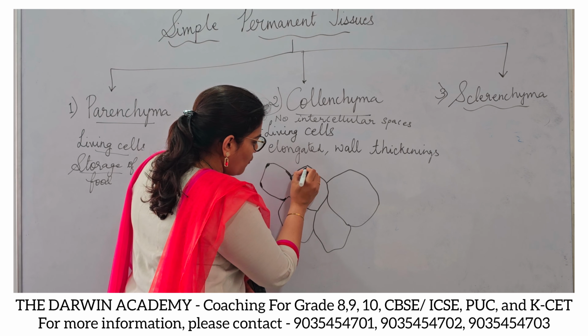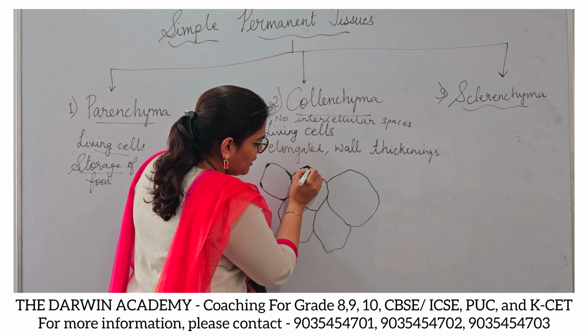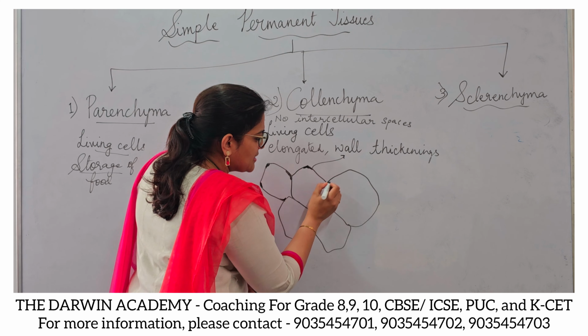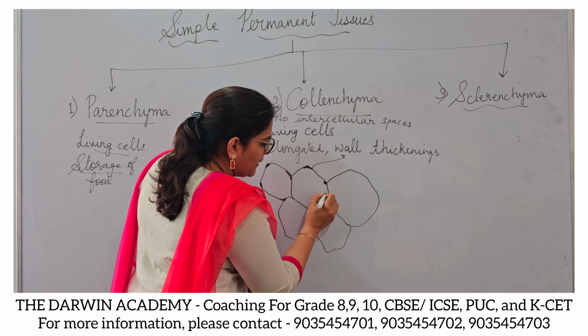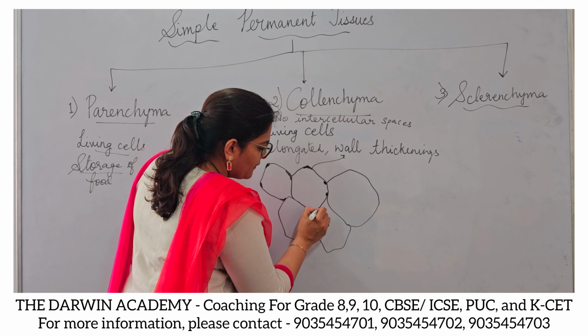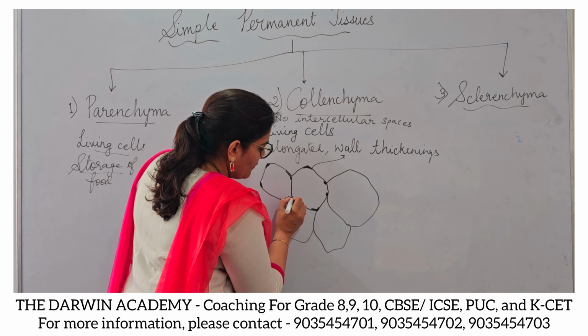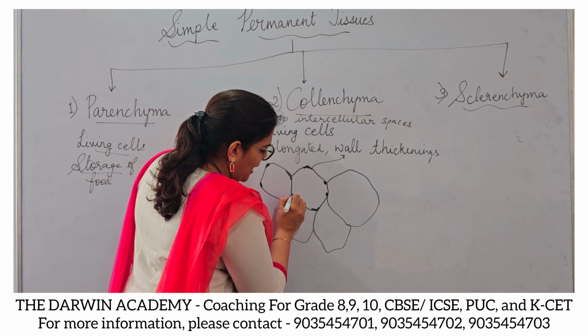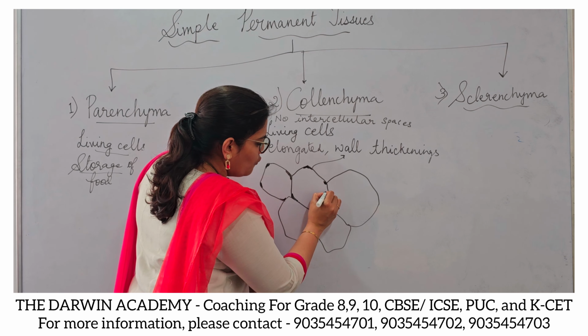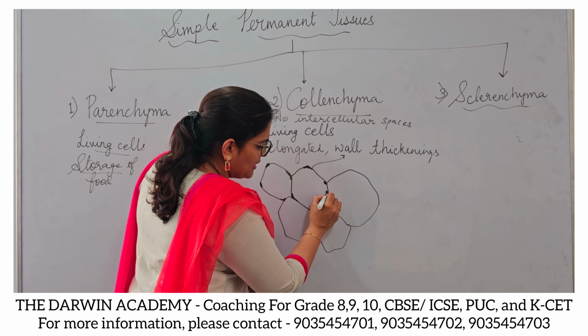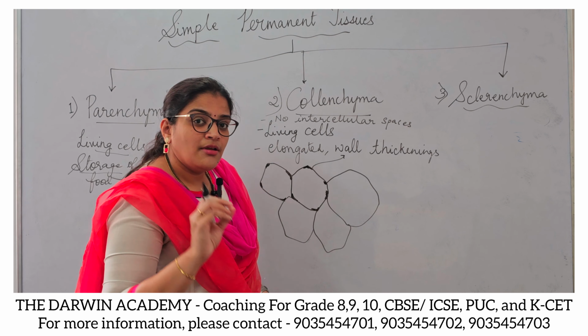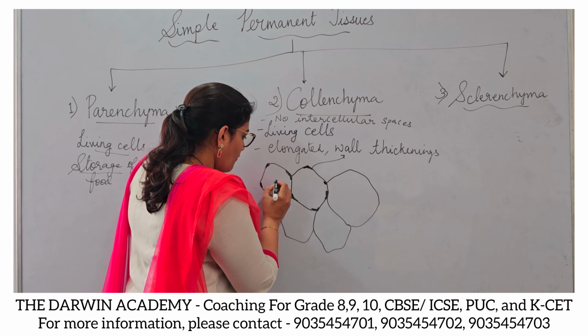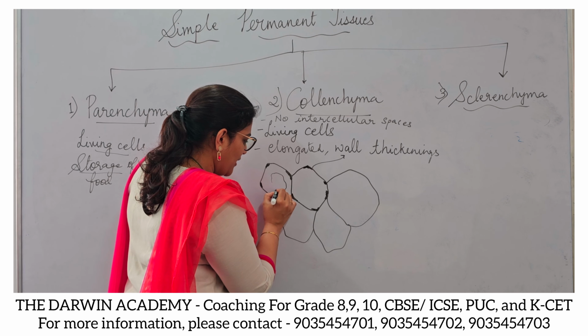You might be wondering why are they having these wall thickenings at the angles only. Any idea or any guess on why should they have these thickenings only along the angles? This might be the vacuole.